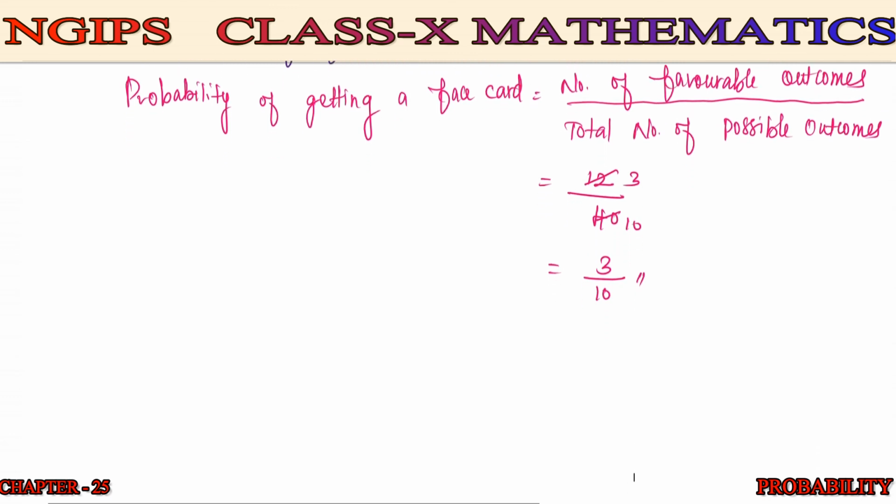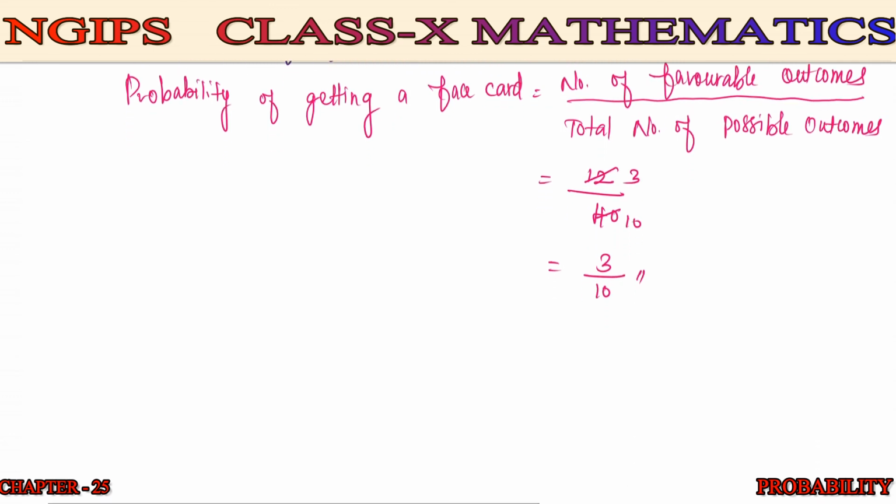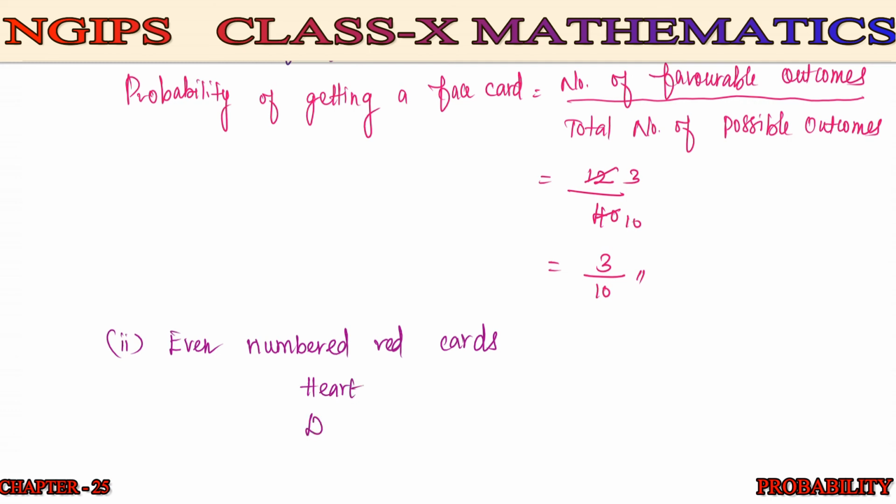Now we'll come to the second sub question. Here we have the second sub question. Even numbered red cards. Here we have even numbered red cards, means we have in the red cards heart and diamond. In the heart we have even cards, it is 2 4 6 8 10.